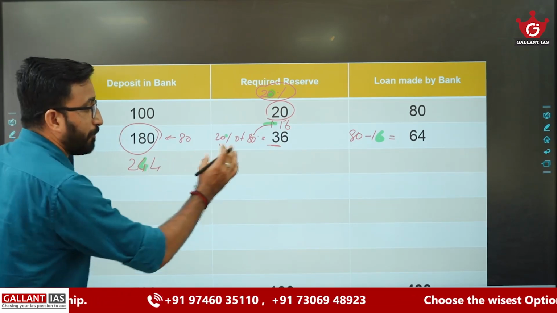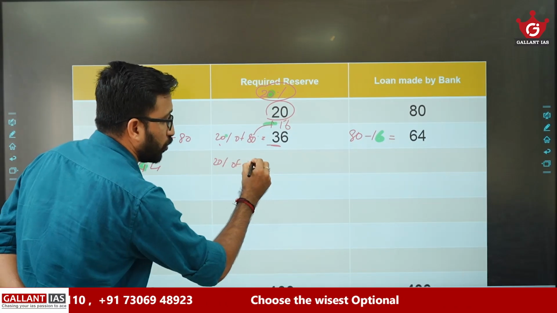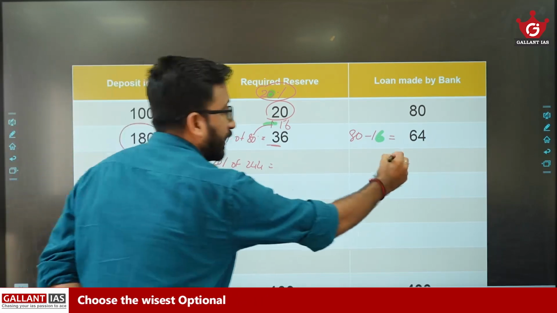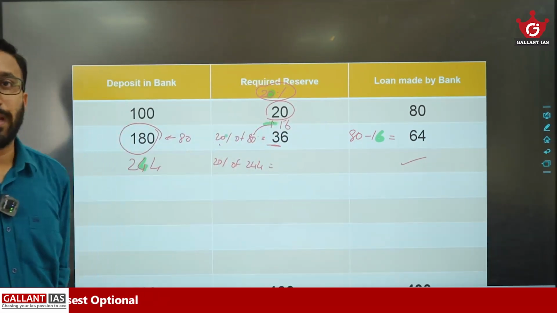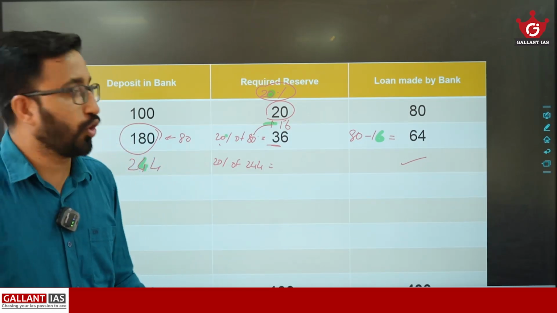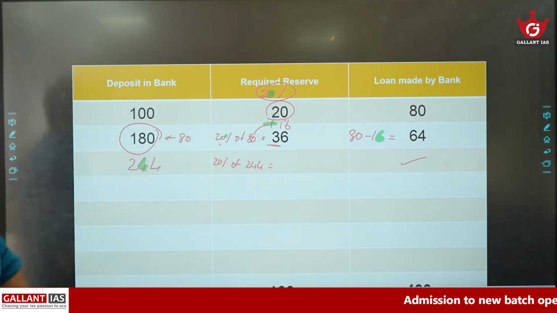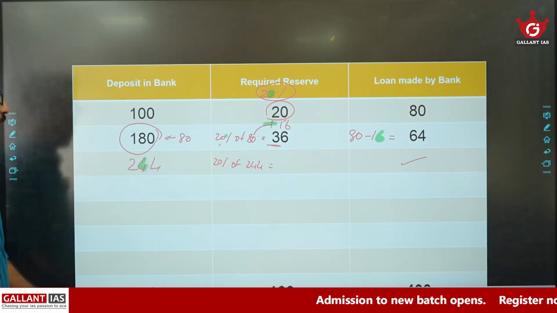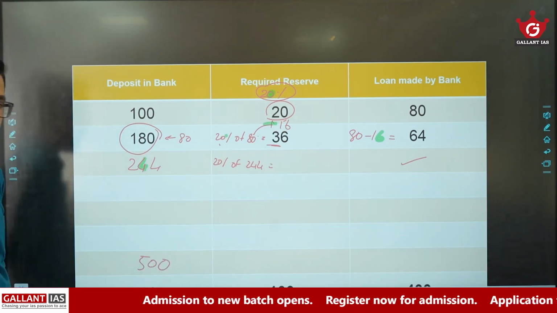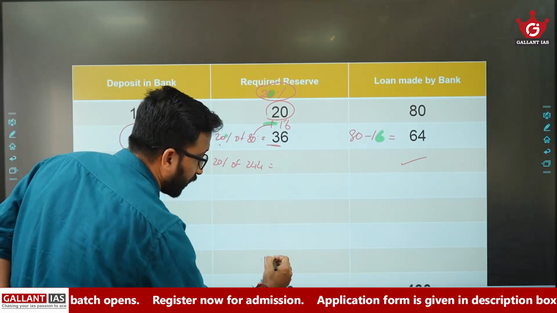Now I need to keep aside 20% of 244 as reserve here, and the remaining amount can be kept aside for loan. When this cycle repeats, we will reach a point where the deposit in the bank becomes 500, and at that point the reserve will become 100 rupees.